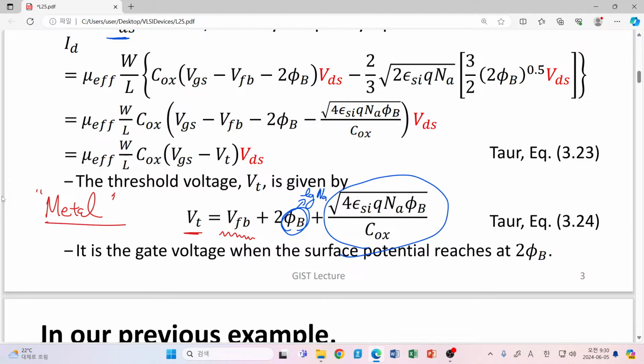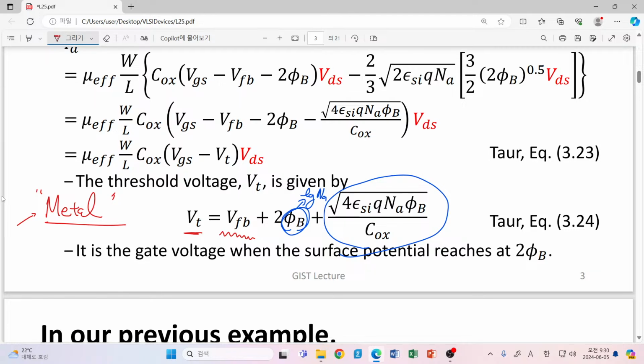Previously, at the initial introduction of this MOS technology, metal was actually used as the gate. But unfortunately, the problem was we had no choice for metal. There was only one representative way to fabricate this gate metal, and the choice was just aluminum.